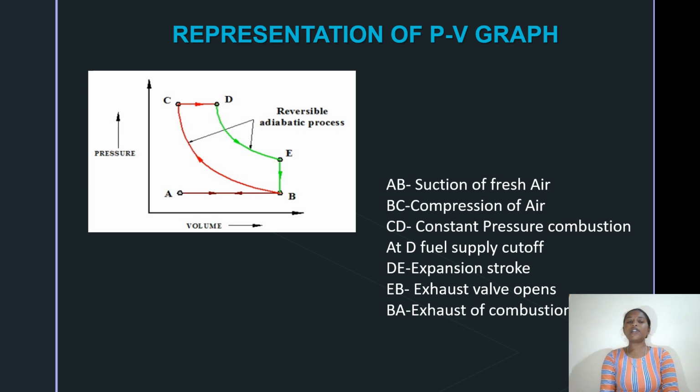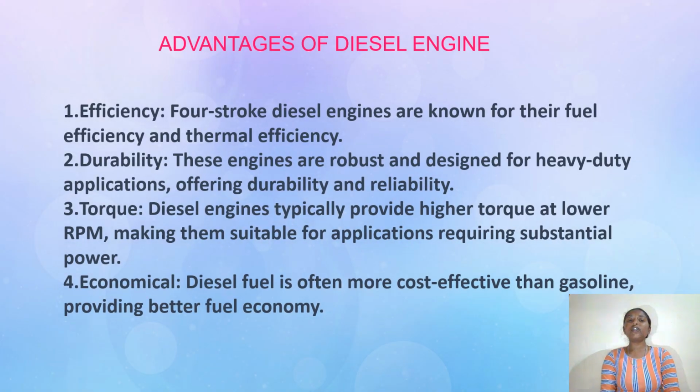Next, we are going to study the advantages of the diesel engine. The main and first advantage is efficiency. Four-stroke diesel engines are known for their fuel efficiency and thermal efficiency. Second is durability. These engines are robust and designed for heavy-duty applications, offering durability and reliability.